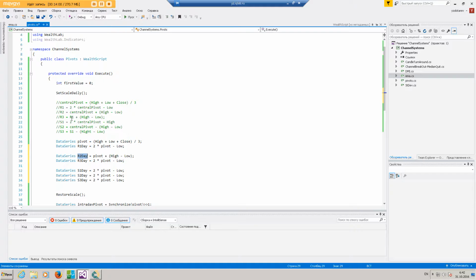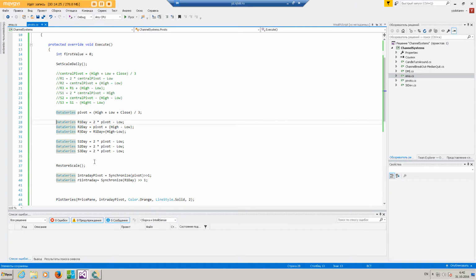Okay, R3: R1 day plus high minus low. Okay, so the R's are finished. I just separate them like this. Now S1: 2 times central pivot minus high.